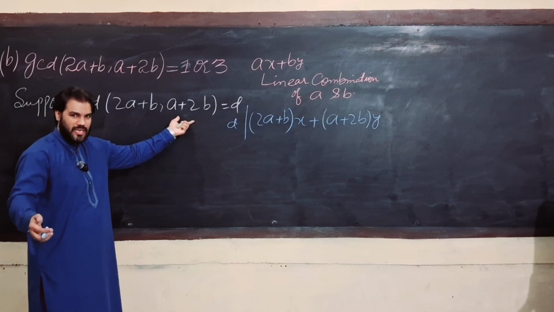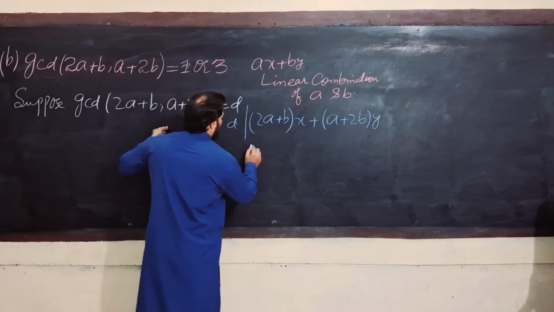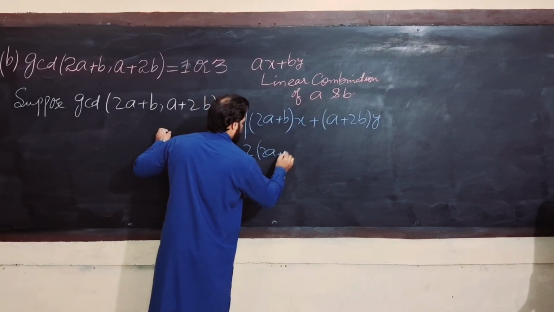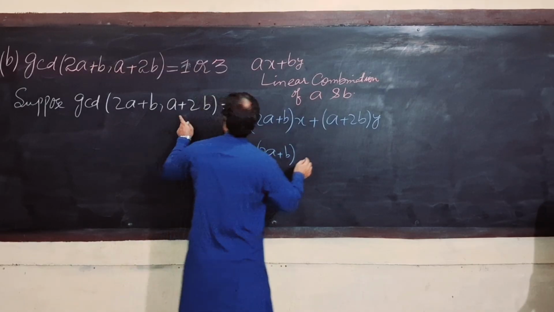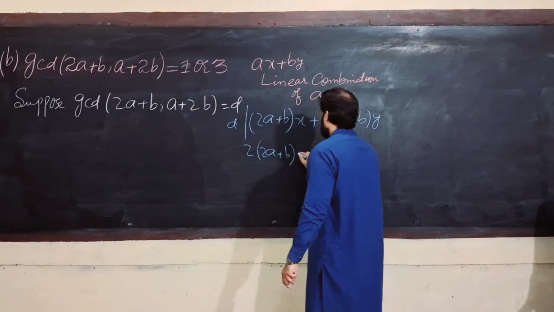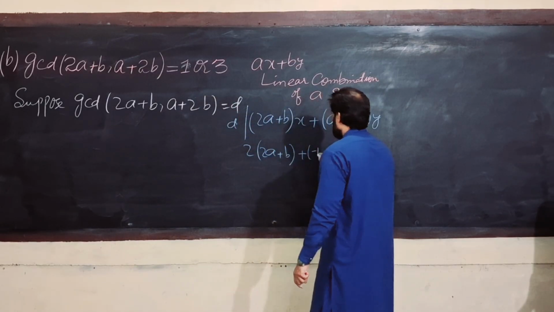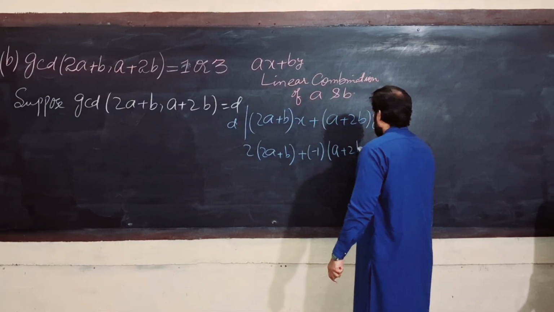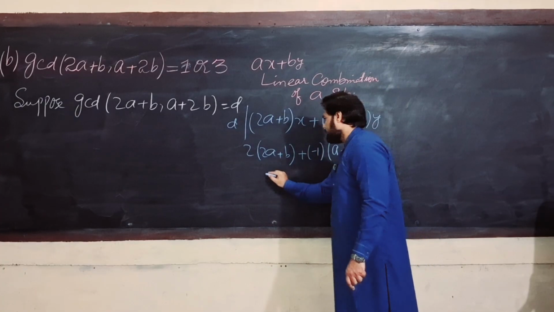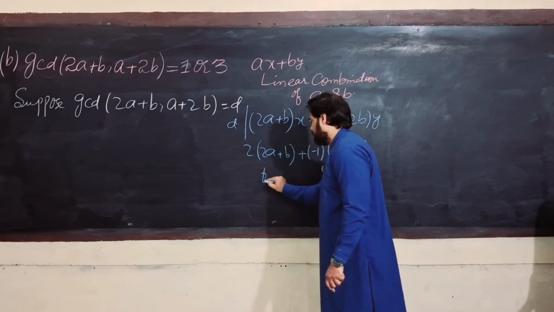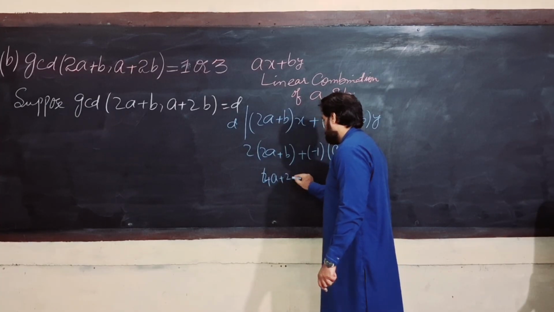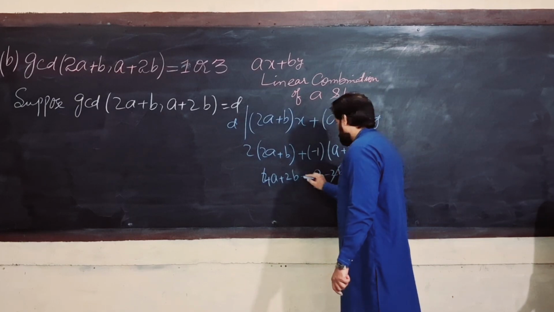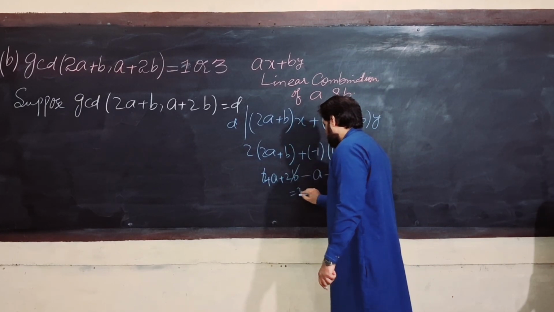Then after subtracting, this becomes 2 times 2A plus B, and multiply the second by minus 1, A plus 2B. Now if you solve this expression, this becomes 4A plus 2B minus A minus 2B. 2B is cancelled, remaining is 3A.